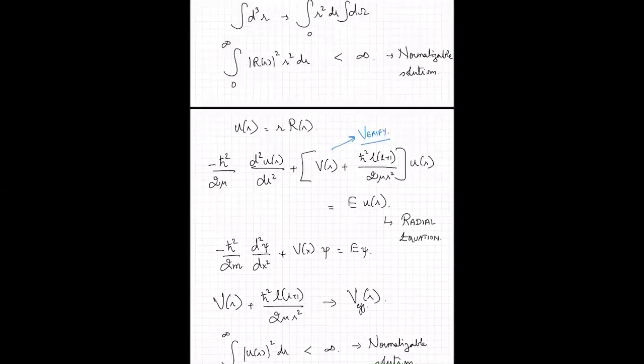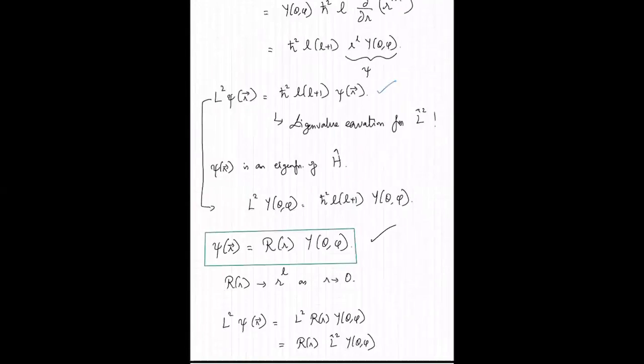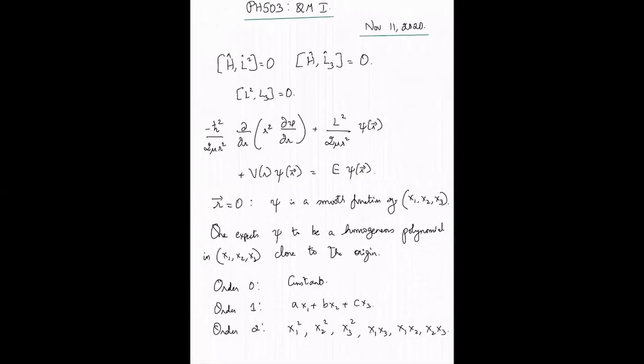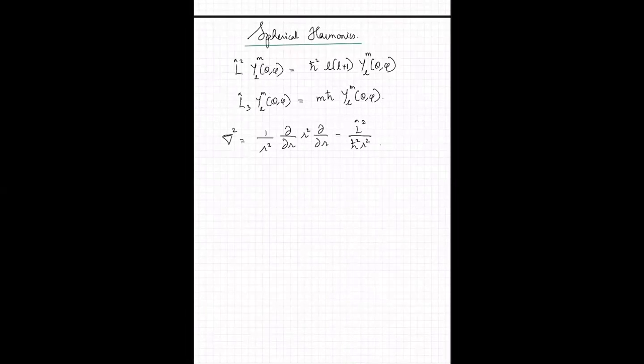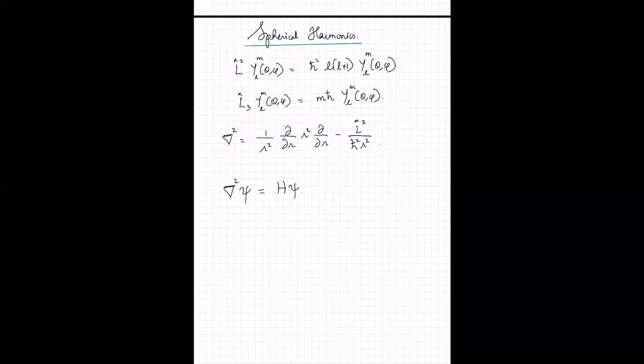So remember that when you write down the Schrodinger equation, you can write it down like this. What is the Schrodinger equation in 3 dimensions? The time independent Schrodinger equation is basically H psi equals E psi.